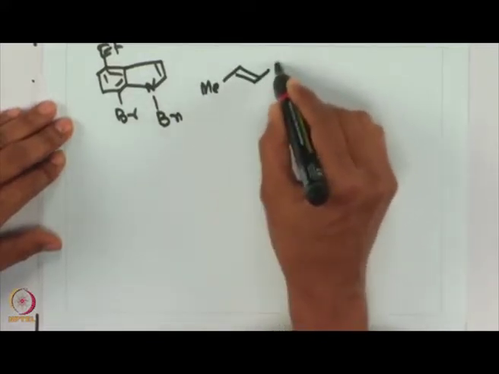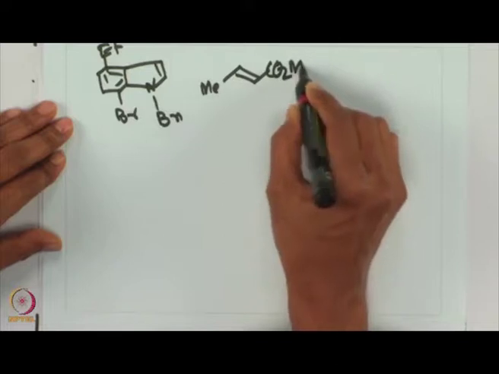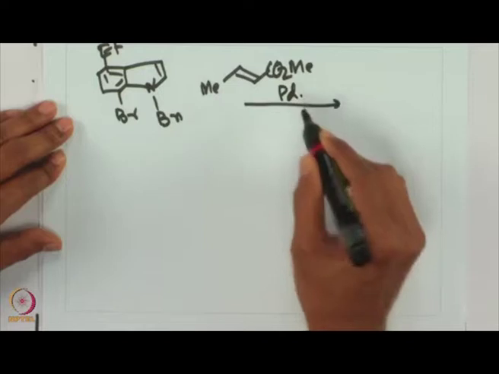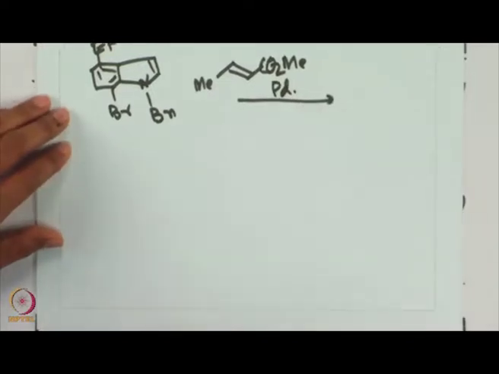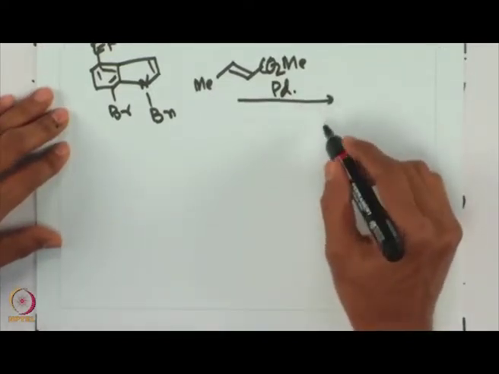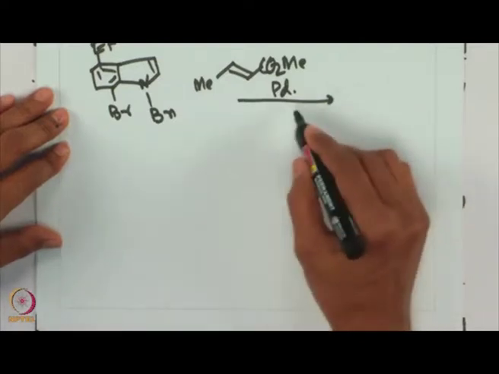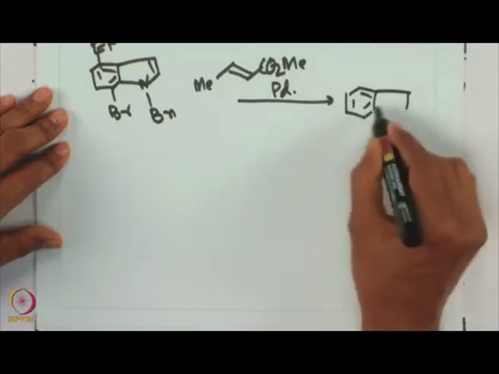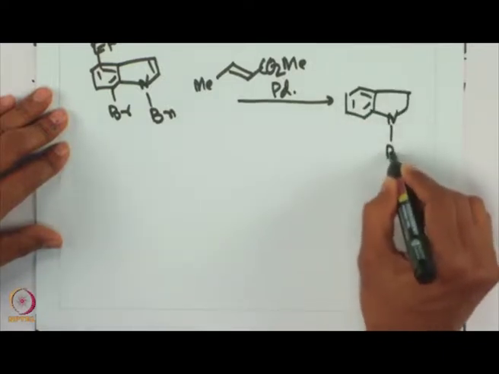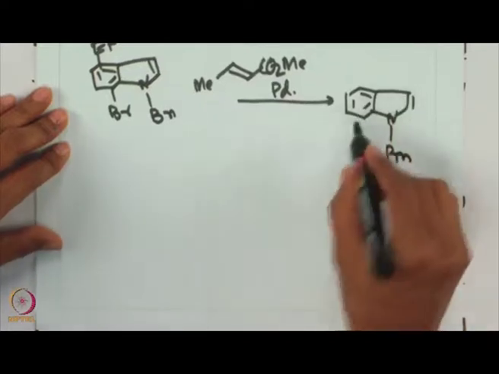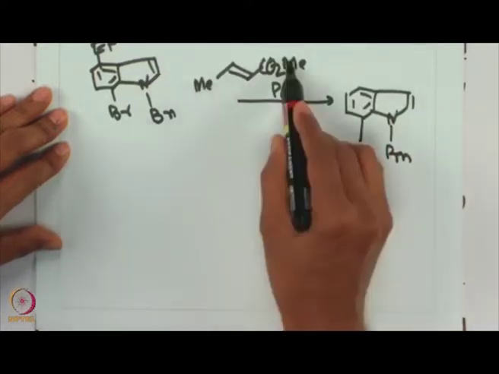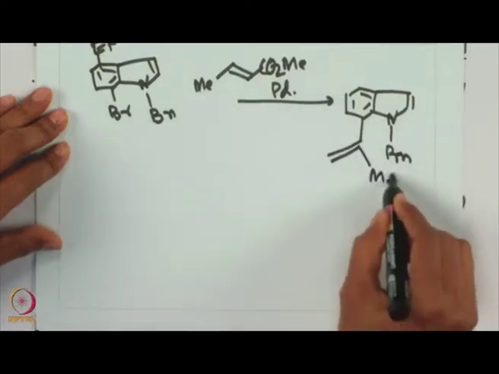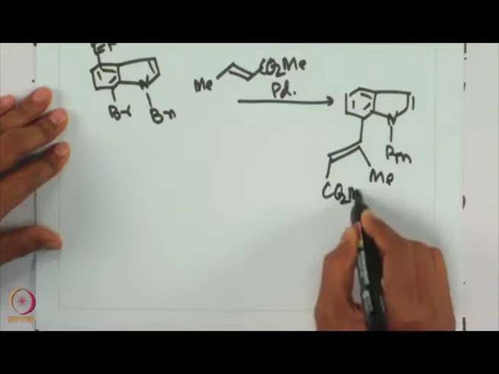But the Heck reaction is such a mild and beautiful reaction that it works in the presence of a catalytic amount of palladium acetate, ortho-tolylphosphine and triethylamine as a base, and acetonitrile as a solvent at 115 degrees C. We do get this product formation where the N-benzyl is of course retained, and over here you see methyl and CO2Me are cis to each other during the product formation.